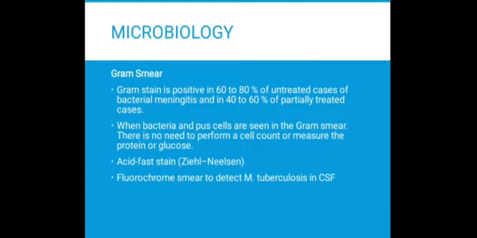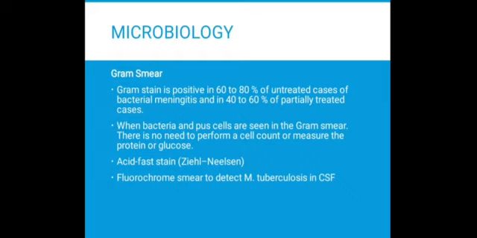A gram stain is positive in 60 to 80% of untreated cases of bacterial meningitis and in 40 to 60% of partially treated cases. A gram smear is required when the CSF contains pus cells, so it provides useful information when a CSF is unsuitable for cell counting or biochemical testing.